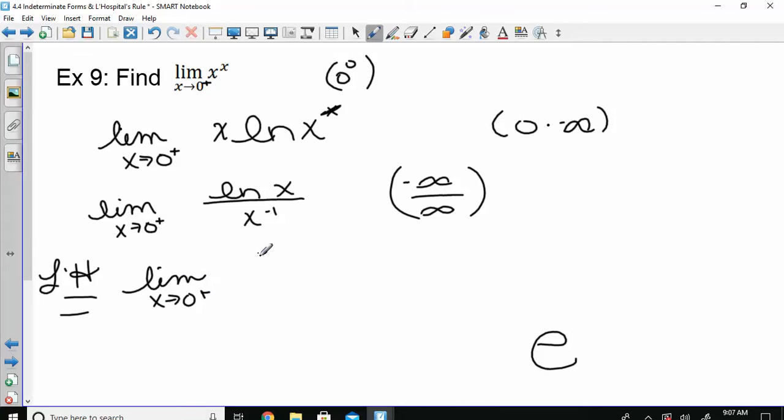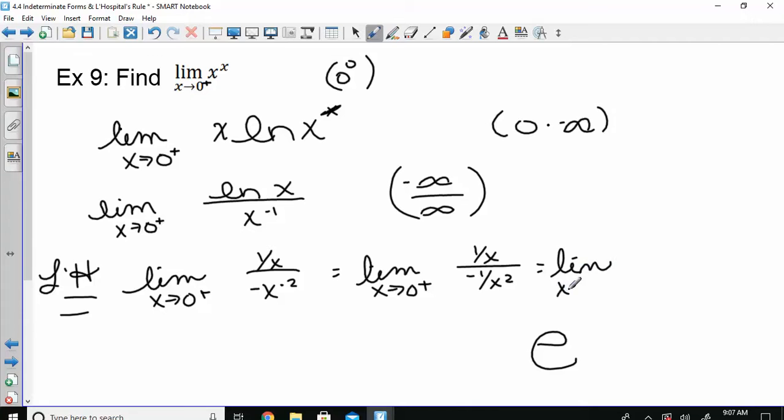So the derivative of natural log is 1 over x. The bottom, this is negative x to the negative 2. If you clean that up, 1 over x. Negative x to the negative 2 is negative 1 over x squared. If you flip and multiply, you just get the limit, x approaches 0 from the right, of negative x.